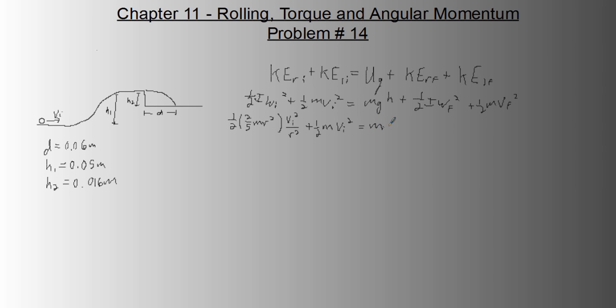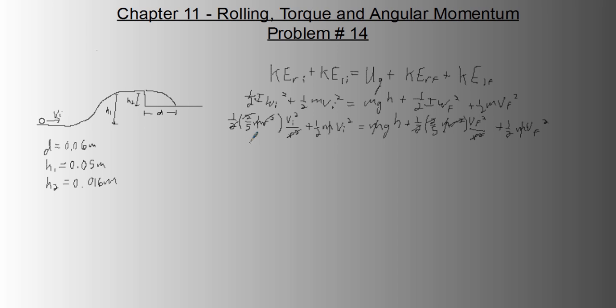That's going to equal mgh plus 1/2, still 2/5 mr squared, now v final squared over r squared, plus 1/2 m v final squared. M's cancel, all the m's cancel. These twos cancel. These r squareds cancel. That's nice.